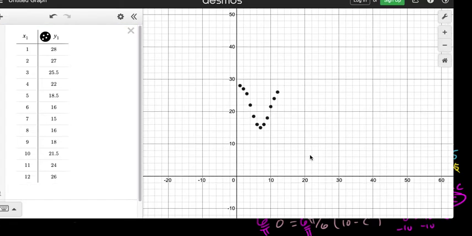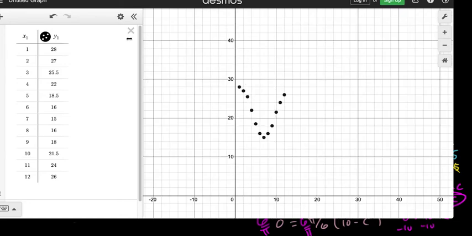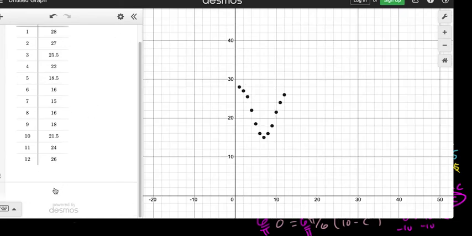Okay, so we can see that we have kind of a rough sine wave going on there.